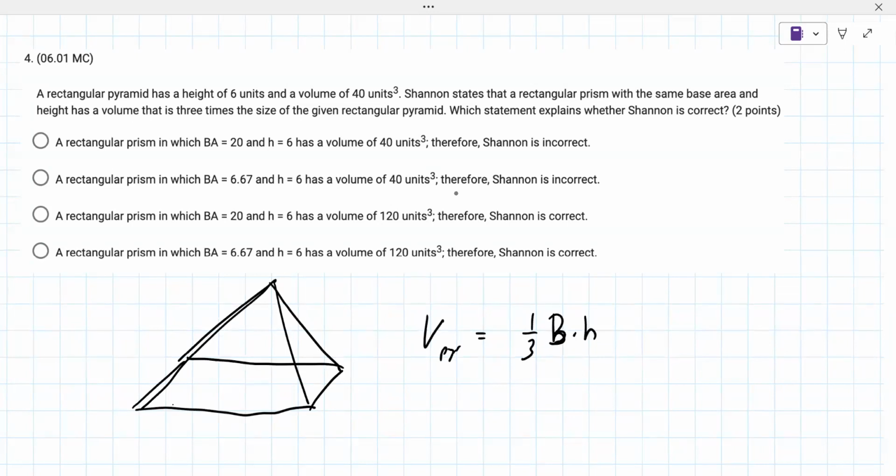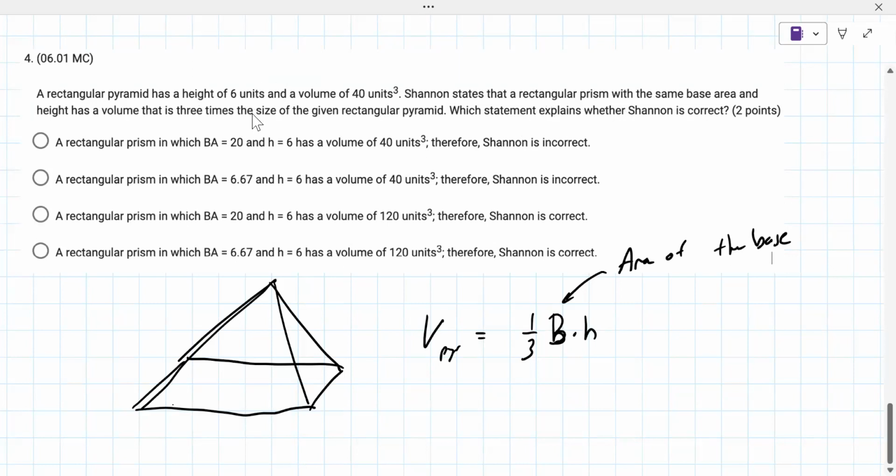Base referring to this B refers to the area of the base. Got it. Now, Shannon states that a rectangular prism with the same base area and height has a volume that is 3 times the size of the given rectangular pyramid.